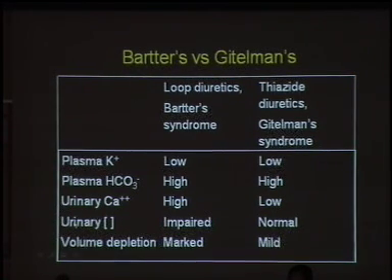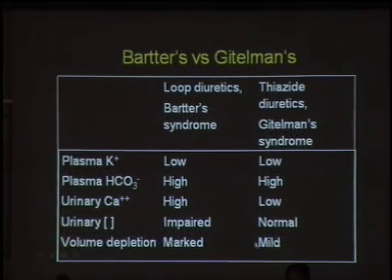Urine concentrating ability in loop diuretics is impaired because the loop diuretic, as its name says, acts at the thick ascending limb of Henle's loop. So it would impair the countercurrent mechanism because you cannot get the sodium into the interstitium very well, so it impairs the concentrating ability. On the other hand, thiazide acts at a different site, so it does not impair the concentrating ability of the urine.